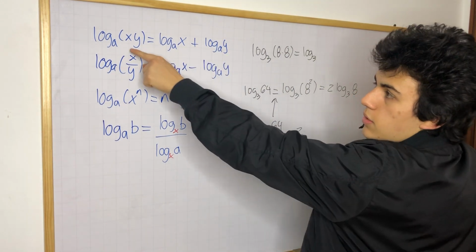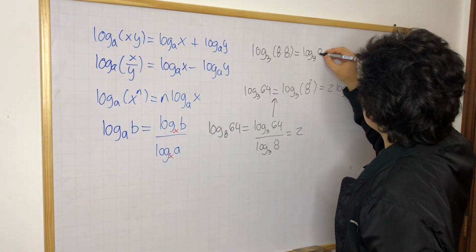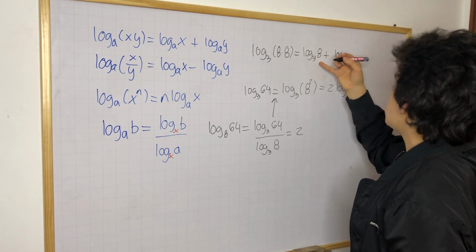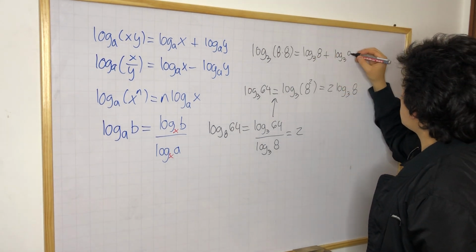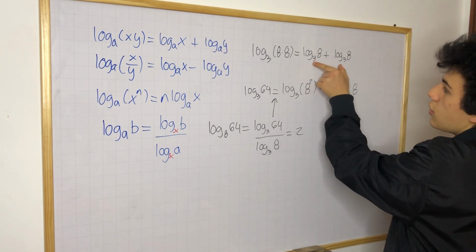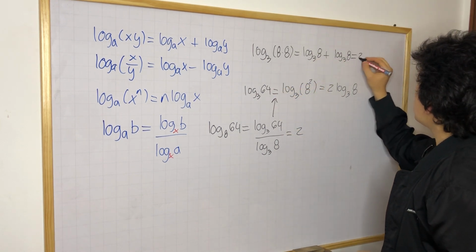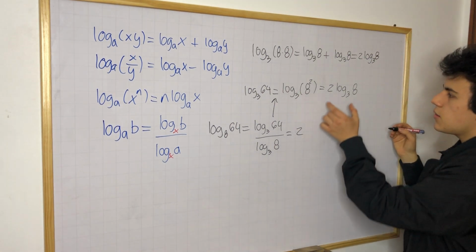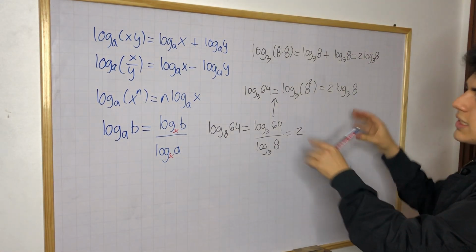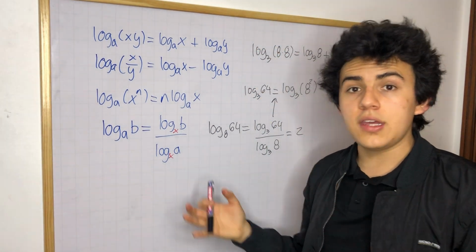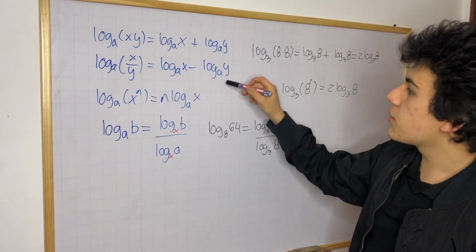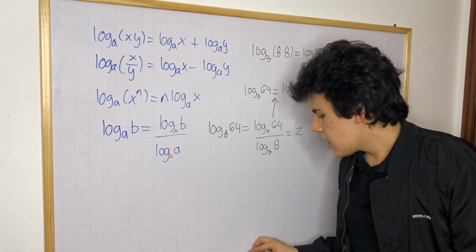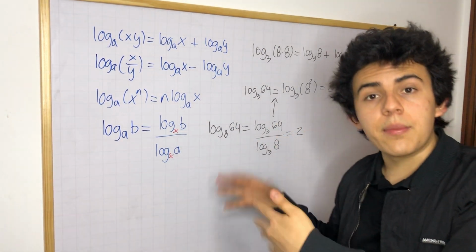Now you add, remember, you're multiplying. So you have log base 3 of 8 plus log base 3 of 8. Okay, and now you're adding two things that are equal, so you know this is also 2 times log base 3 of 8, which is exactly what you got down here, okay? You can see that these rules, they are cohesive. And I didn't try this rule right there, but you can try it by yourself and you're going to see that it is true, okay?